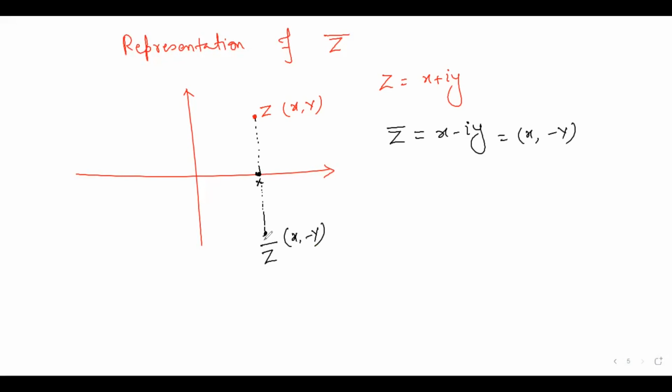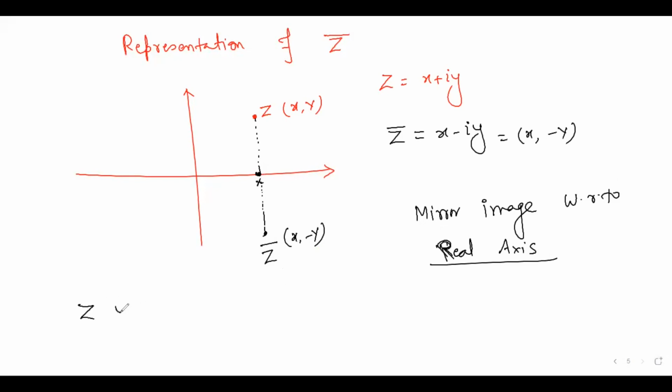What does it mean? It means that to get the conjugate, we have to take the mirror image of the point with respect to the real axis, not the x-axis. Here we can say real axis. This is very important.